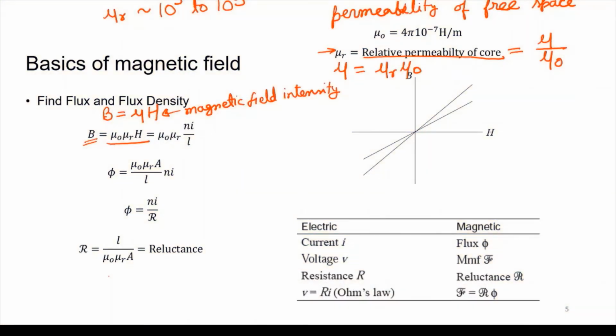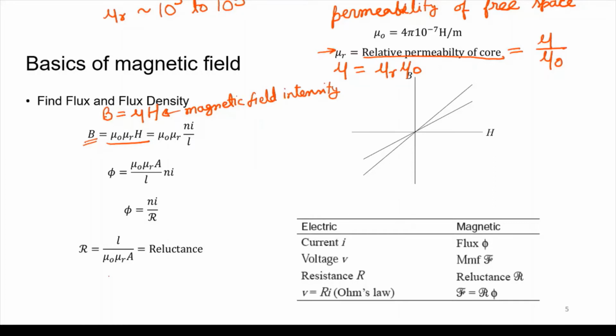If you consider Ampere's law, which we have discussed in the previous part, the magnetic field intensity H is decided by the current enclosed by the loop and the number of turns. It is proportional to current, and the current can be considered as an independent input.